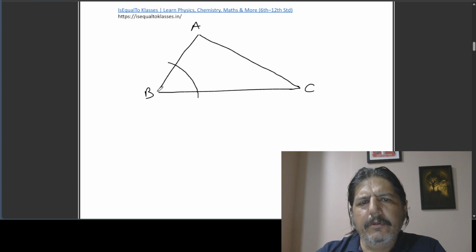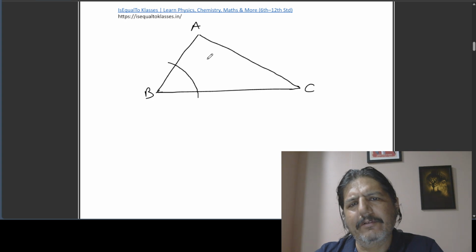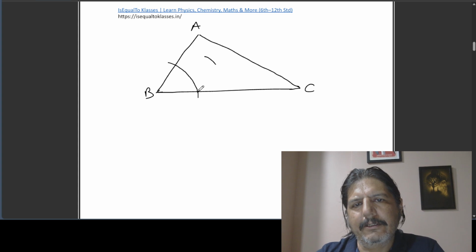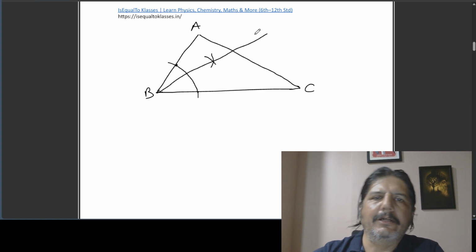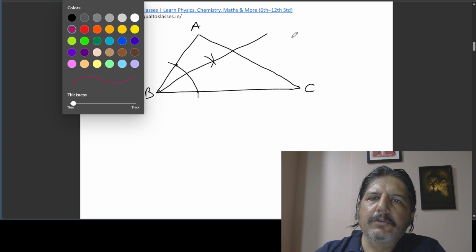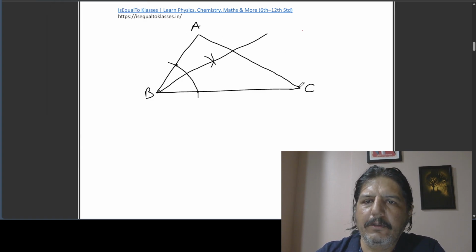Then using the same radius, or I can have a different radius also, I'll draw two arcs, one with this as center, and then with this as center, another arc. And I will draw a line like this, approximately like this. And there will be a second angle bisector, which I'll draw here.